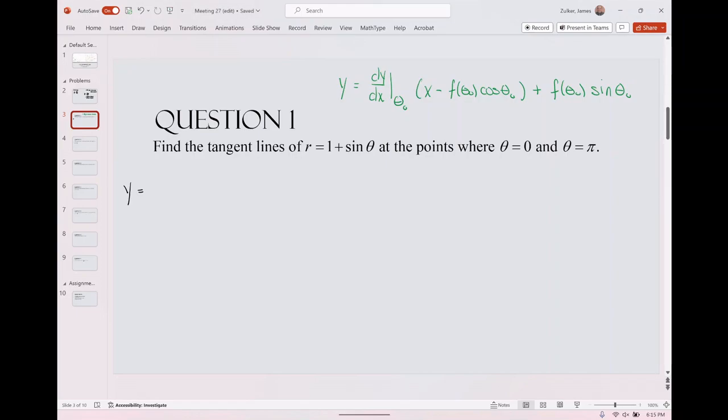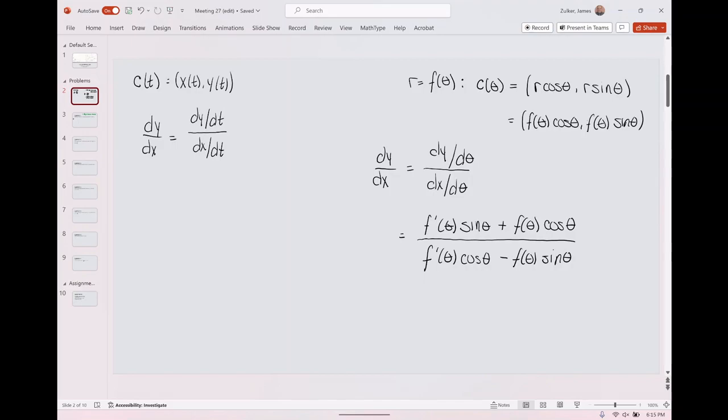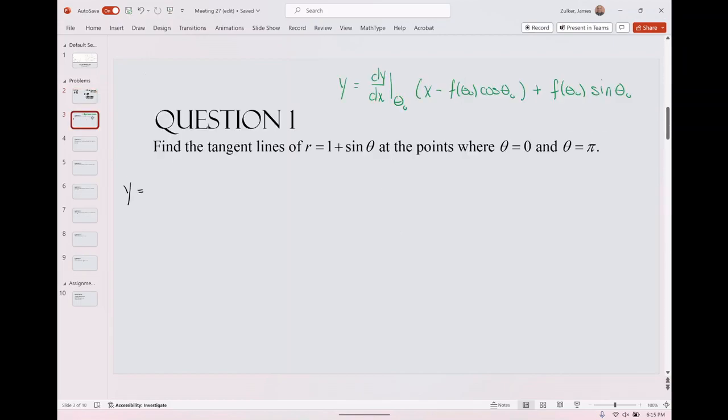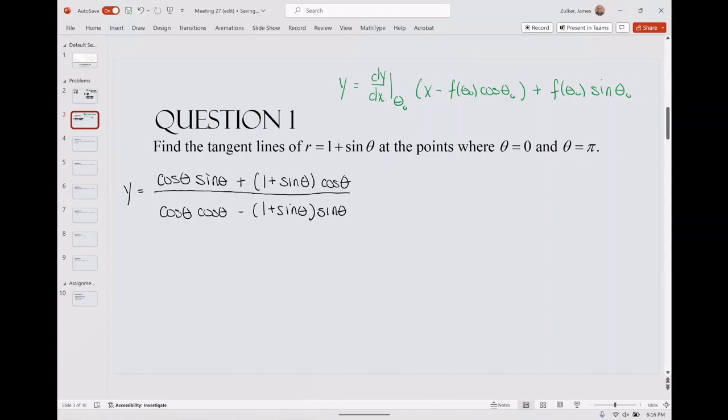And so I'm just going to jump right into dy dx. Derivative of r times sine, and the derivative of r, cosine, right? Then it would be r times cosine, divided by dr d theta times cosine of theta minus r times sine of theta.